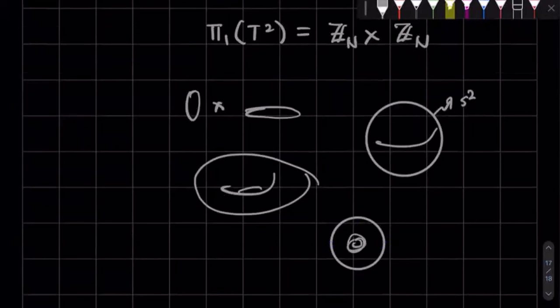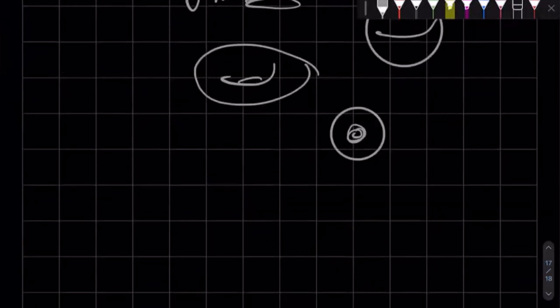Here. But it only looks like a hole because we're embedding the circle in a 2-dimensional space. So if I take S2 and I embed it in, say, R4.